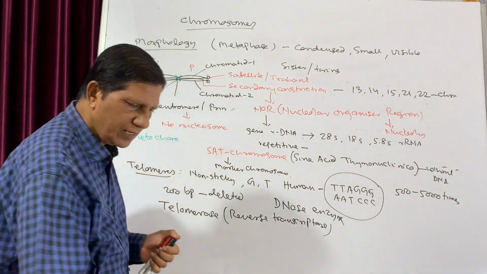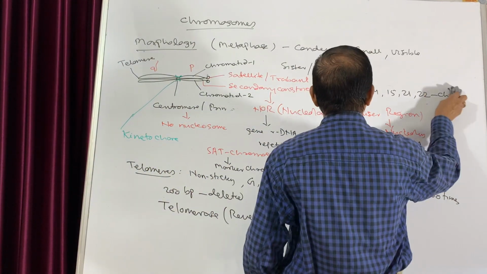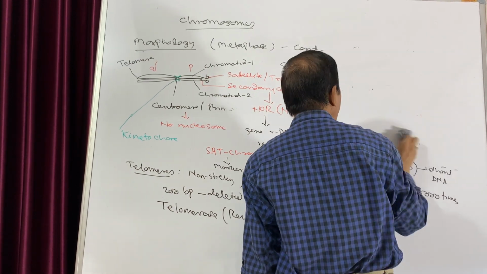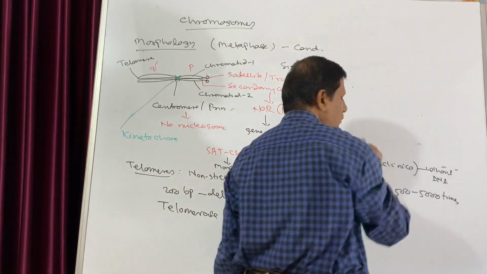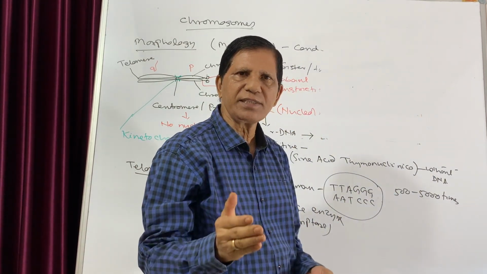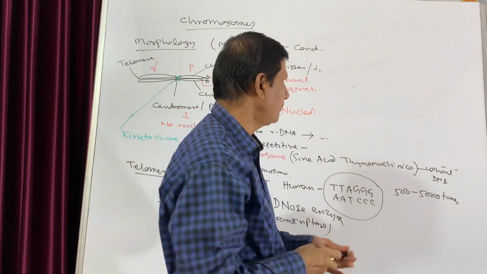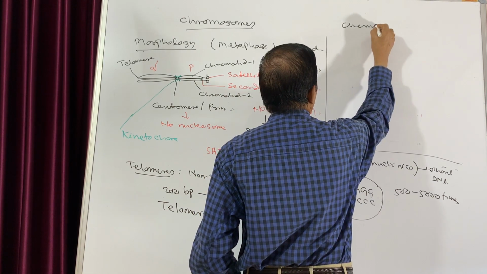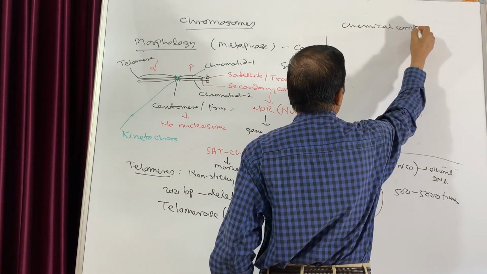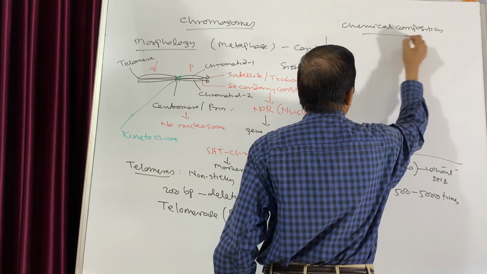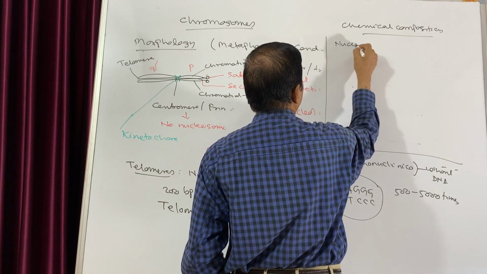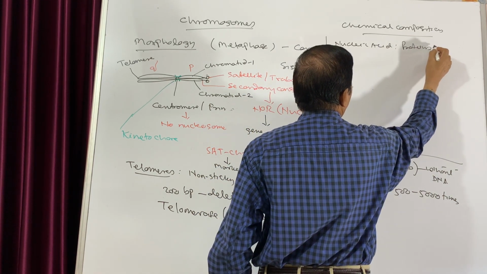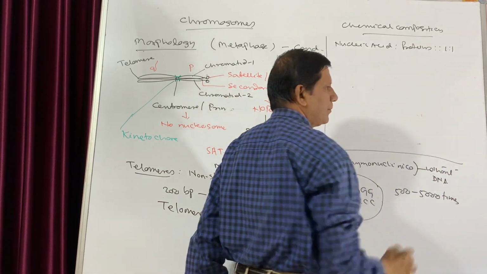This is the morphological structure. Now we will discuss the chemical composition of the chromosomes. Chemically, the chromosome consists of nucleoproteins, where the nucleic acids and proteins are usually present in the ratio of 1:1.